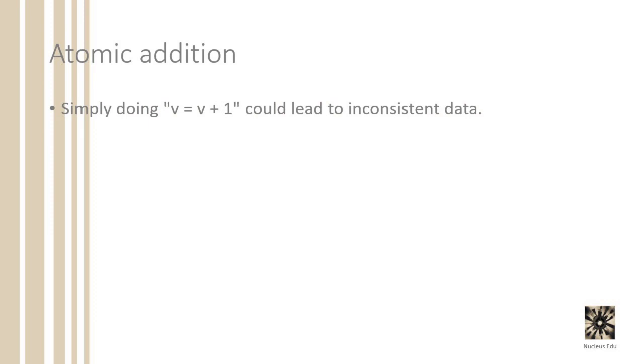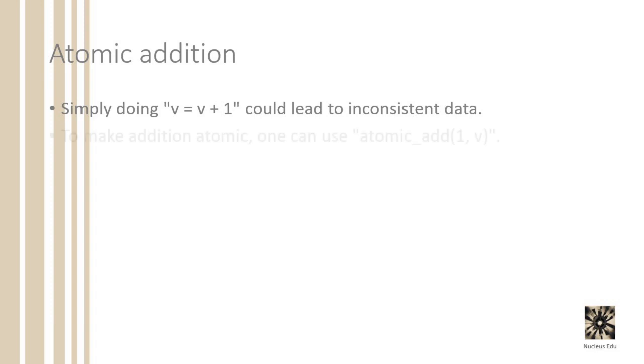Right, next let's look into the atomic addition, and what is the problem with simply doing v equals v plus 1, for example. As mentioned, it could lead to inconsistent data, because internally for a programming language like C, this could be a single instruction written in a single line, but for CPUs, it can actually translate into three different instructions: load, add, and store, as we saw previously.